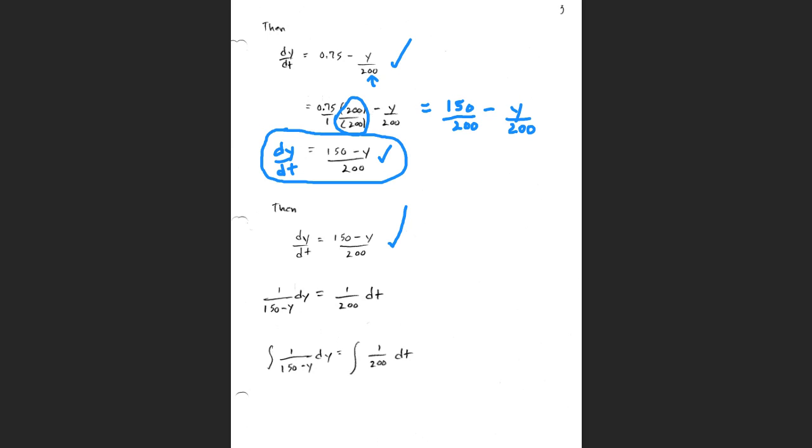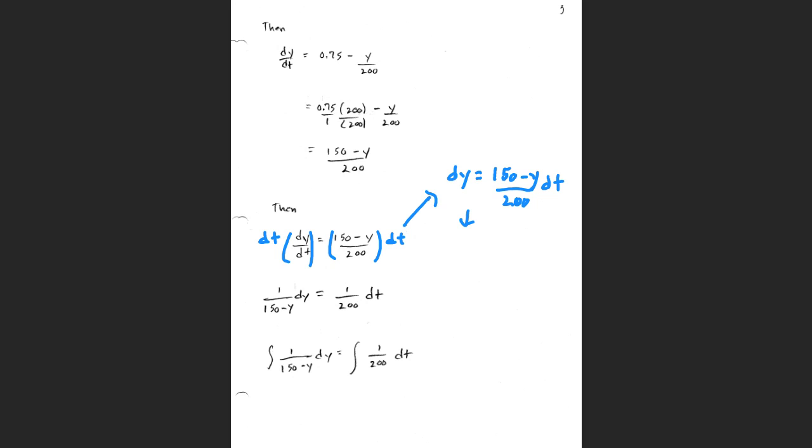And if you notice here, we have it in the form. What we can do now, if we want the y variables on the left and t variables on the right, is multiply by dt on both sides. If we do that, then we're going to get dy equals 150 minus y over 200 dt.